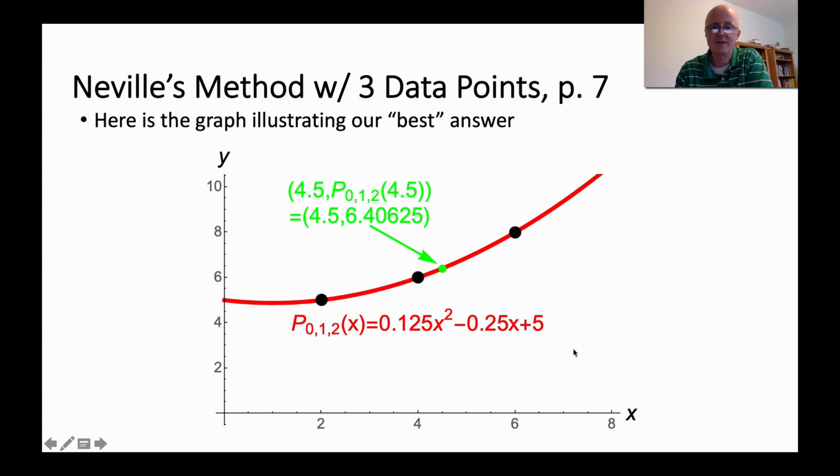So this red graph is our quadratic. It is our Lagrange interpolating polynomial for the black dots, and when you plug in x equals 4.5, you get an output of 6.40625. In the absence of other information, we imagine for a well-behaved function, this would be our best guess based on these three data points for what f of 4.5 is.